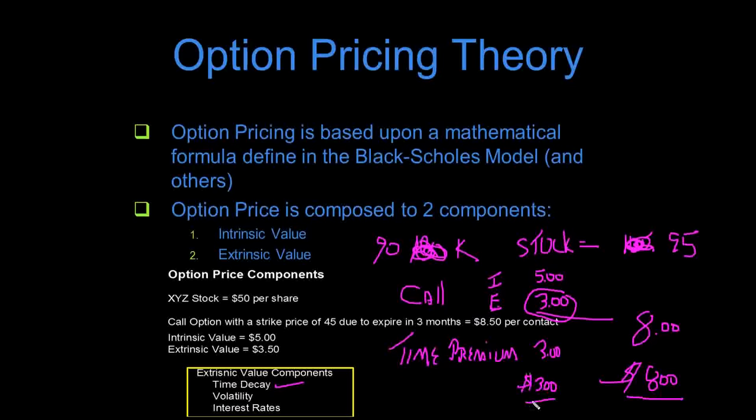Well, that doesn't mean just the time decay that's measured by a Greek called theta, which we'll talk about tomorrow night. But it also includes volatility, and it also includes interest rates. And as you will see tomorrow, besides the underlying movement of a stock, volatility can affect the price of an option more than anything else.